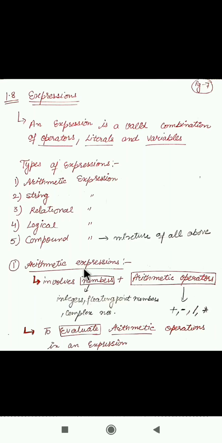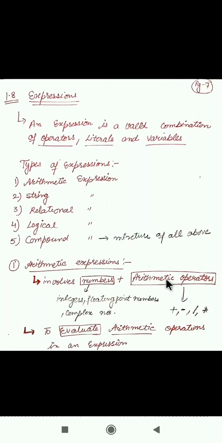First is your arithmetic expression. See, an expression is always a combination of operators, literals, and variables. We have discussed these terms in previous lectures also. So, we will be having numbers and arithmetic operators here.